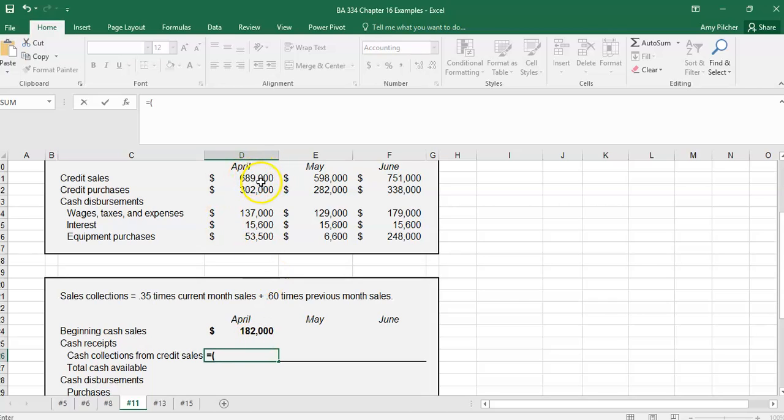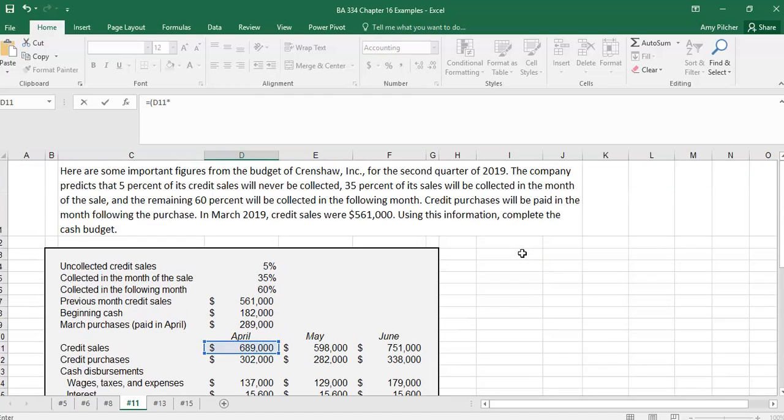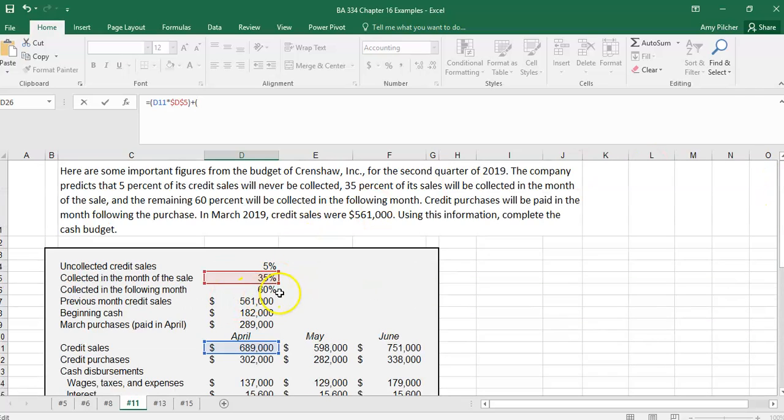We have credit sales in April of 689,000. We're going to take that times this 35%, and we're going to lock that cell. Plus 60% of our previous month's sales.